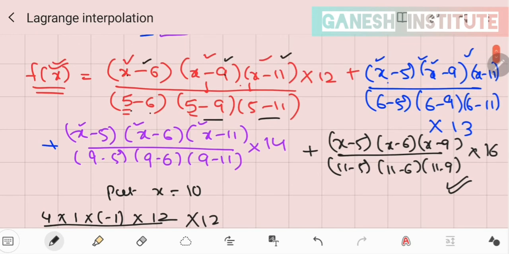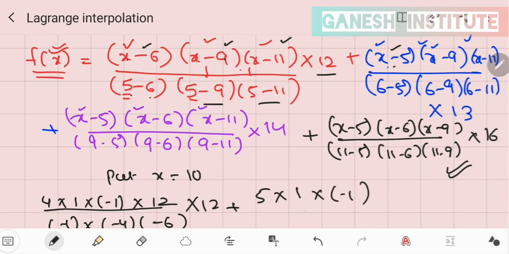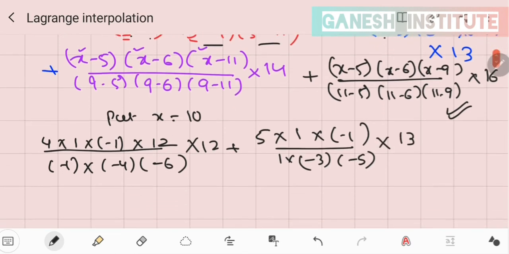Multiply by 12 here. Then you have x minus 5. With x as 10, 10 minus 5 is 5, 10 minus 9 is 1, 10 minus 11 is minus 1. In the denominator you have 6 minus 5 is 1, 6 minus 9 is minus 3, 6 minus 11 is minus 5, and here you have 13, right?